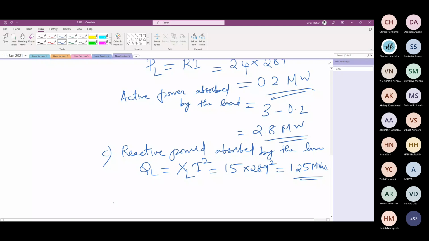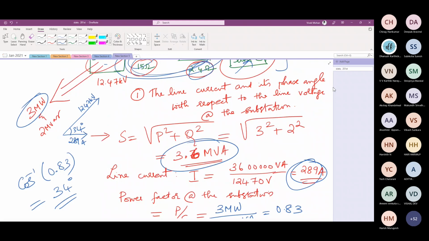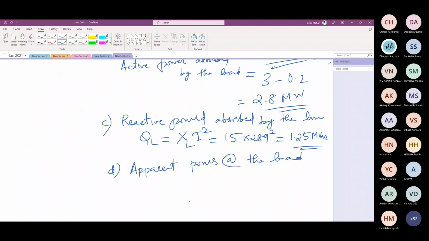Now D, apparent power at the load. How will I find apparent power at the load? My load I'm assuming as C, titled as C. So root of PC squared plus QC squared.